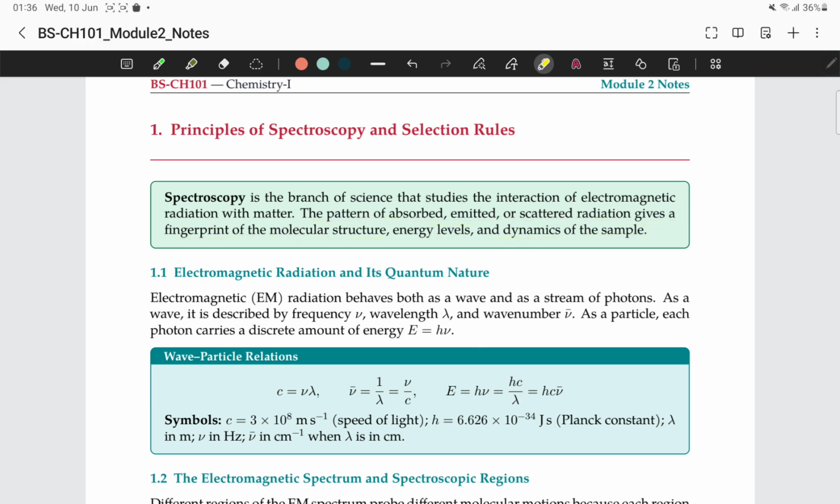So I mean to say that the pattern we get from this interaction acts like the fingerprint of the molecular structure, energy levels and dynamics. Just like no two human beings have the same fingerprint, no two molecules give the exact same spectrum. So this is the overall definition of spectroscopy.